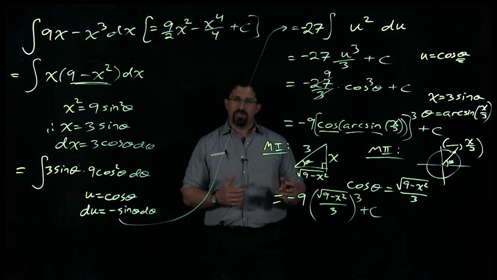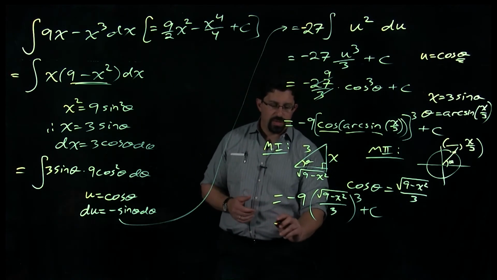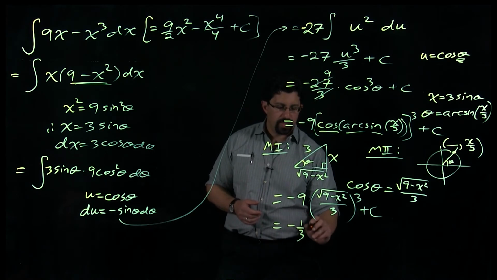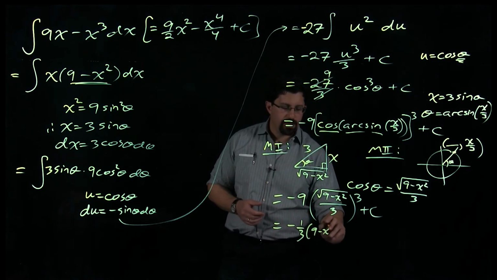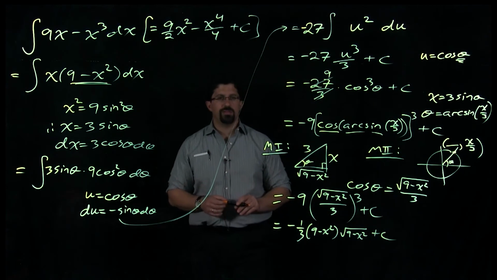Well, something is still a little bit off. If I take this and I cube it, what I'm going to get is negative 1/3 times 9 minus x squared times the square root of 9 minus x squared plus c.